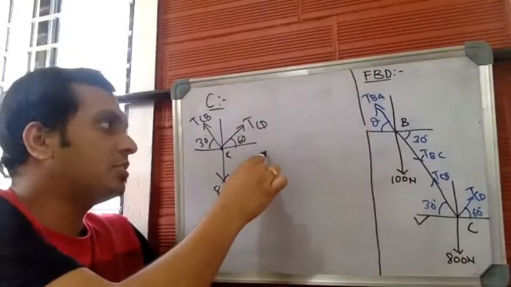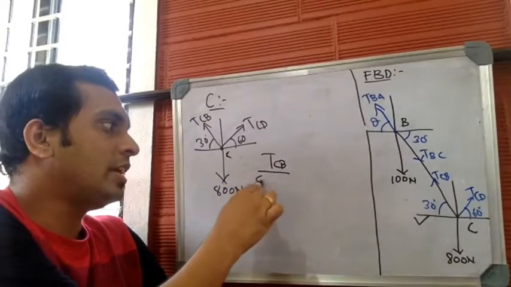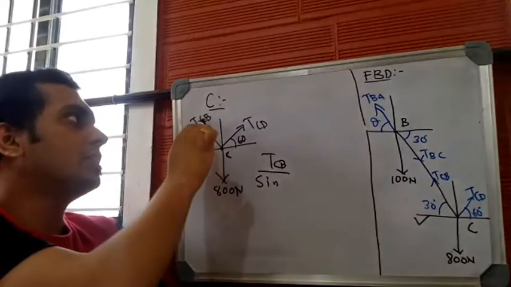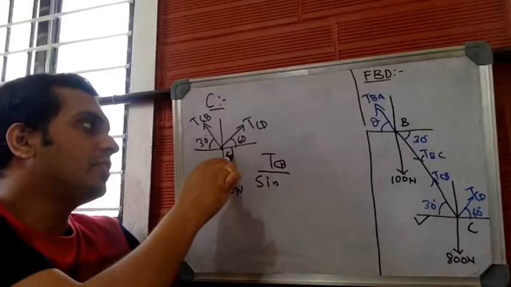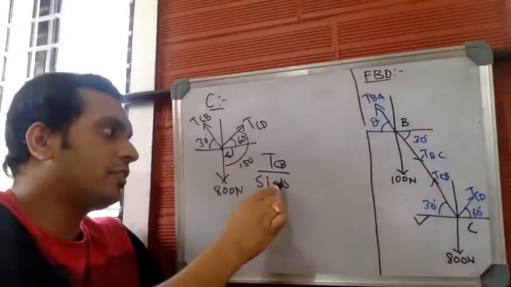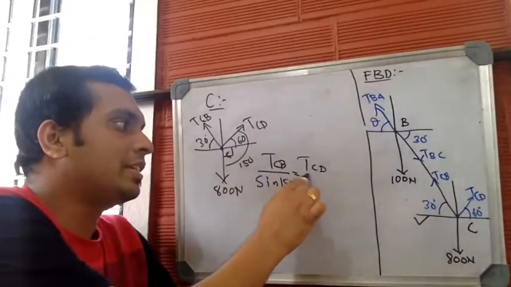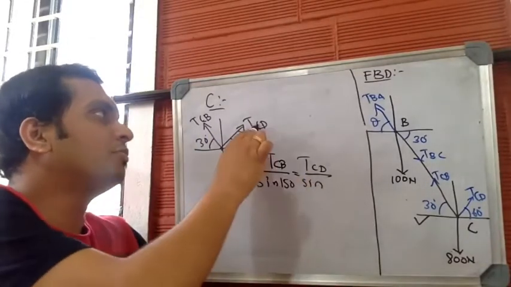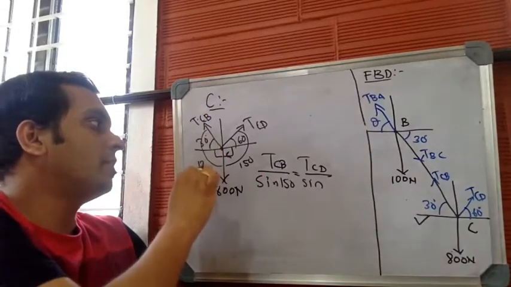According to Lami's theorem, TCB divided by the sine of the angle between the other two forces, TCD and 800, which is 90 plus 60, 150 degrees, sine 150, is equal to TCD by the sine of the angle between the other two forces, TCB and 800. This is 90 plus 30, which is 120.